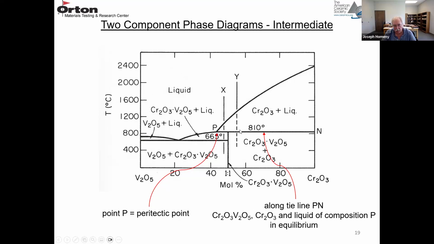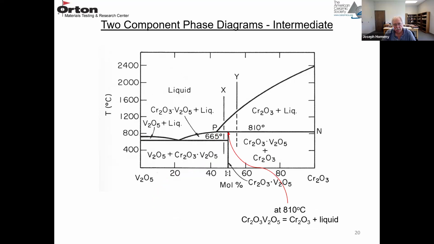So along this tie line, you have Cr2O3·V2O5, you have that one-to-one compound, you have Cr2O3, and then you have a liquid. So they're all along this tie line, they're all in equilibrium. And again, at this one-to-one ratio, this compound, Cr2O3·V2O5, transforms into just the chrome oxide Cr2O3 and this liquid.